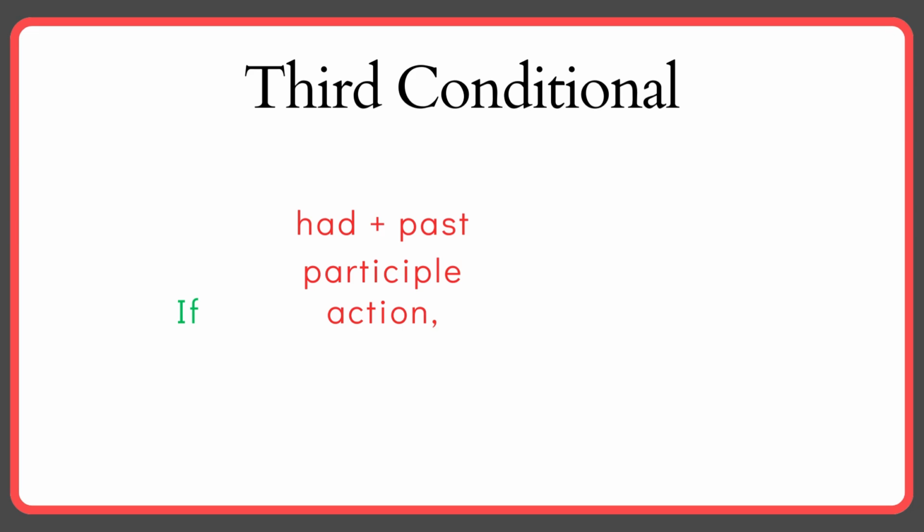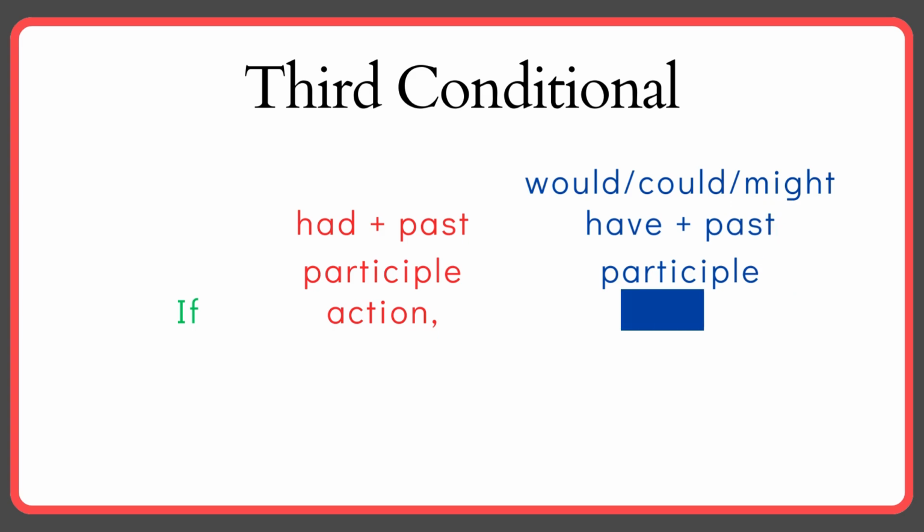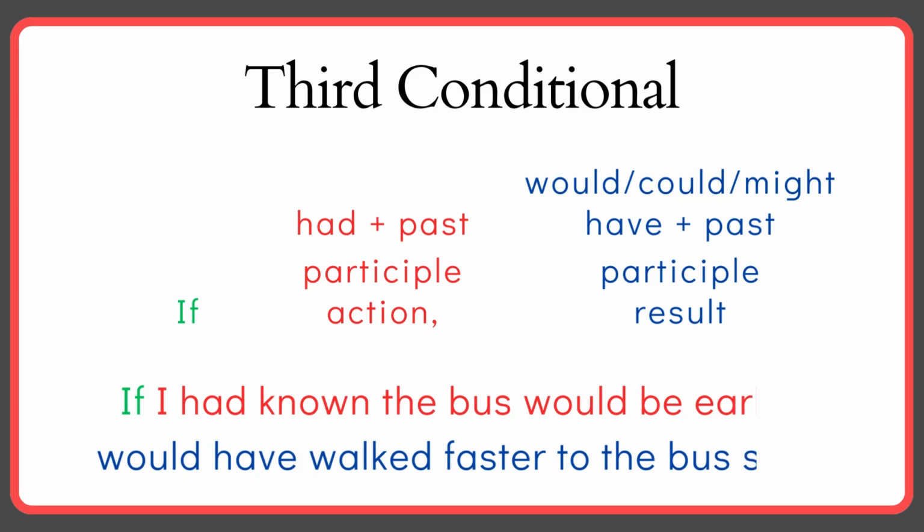This is our if, or our action clause. Then we use would, could, or might. The meaning changes with each one we select. And then have plus a past participle. For example, if I had known the bus would be early, I would have walked faster to the bus stop.